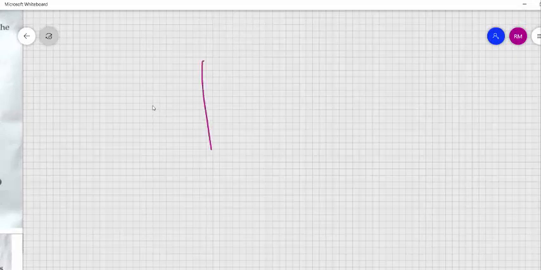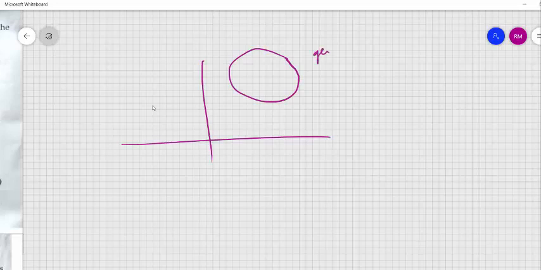Means we have given the general equation of circle, then it is not easy to calculate the center and radius of this general equation of circle as compared to this one, as compared to center radius form. Here we can easily calculate the radius and center is origin, because here center is origin.